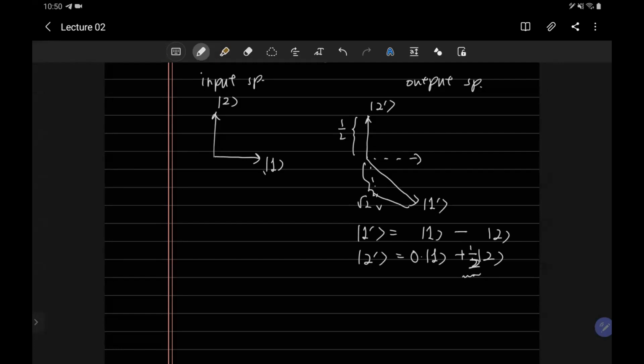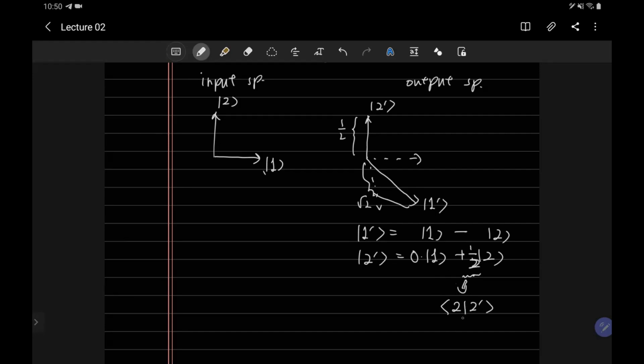Then the next question is, how can we find this component, the 1/2 component, using what we originally had, some kind of abstract math? The answer is that the coefficient, or the vector component, of a given vector in a specific basis can be obtained by taking the inner product between the basis and our vector.